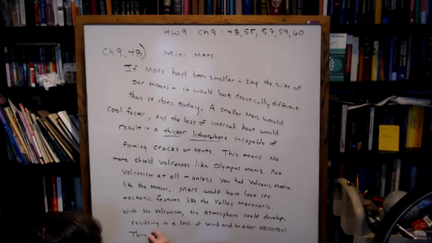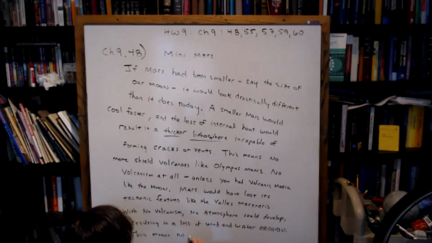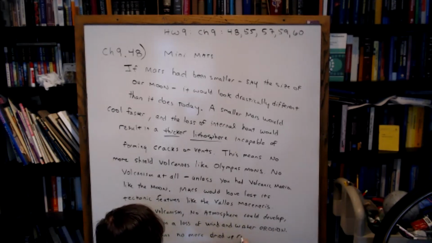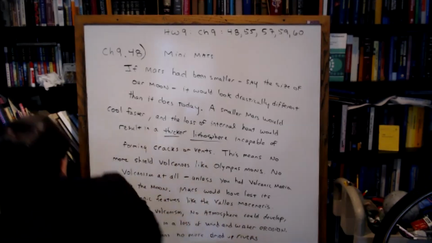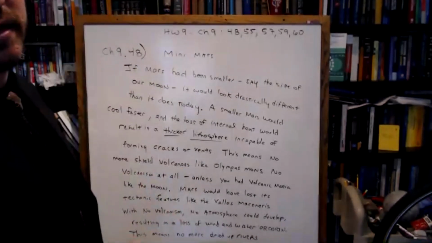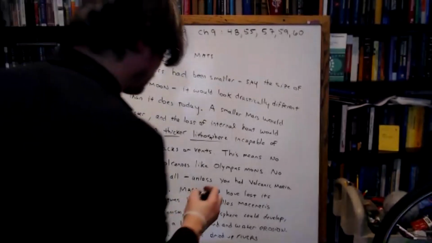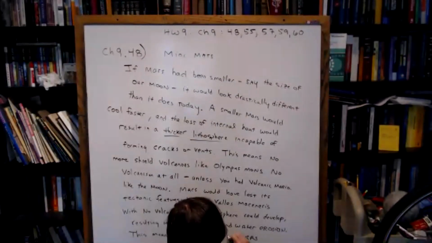This means no more dried up rivers. Okay, it's getting too close to the bottom for me to continue to write it. This means no dried up rivers would exist on Mars. I'm just going to write on Mars.